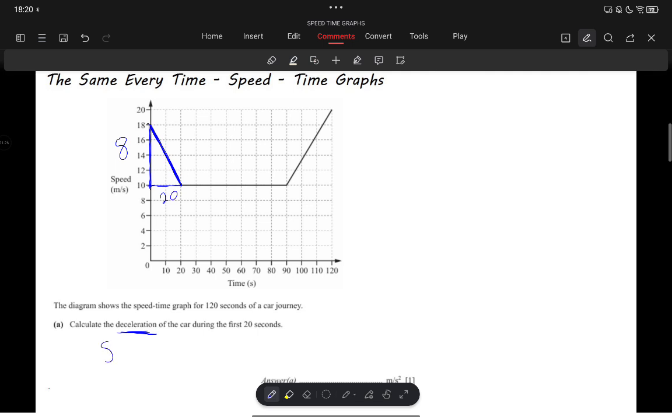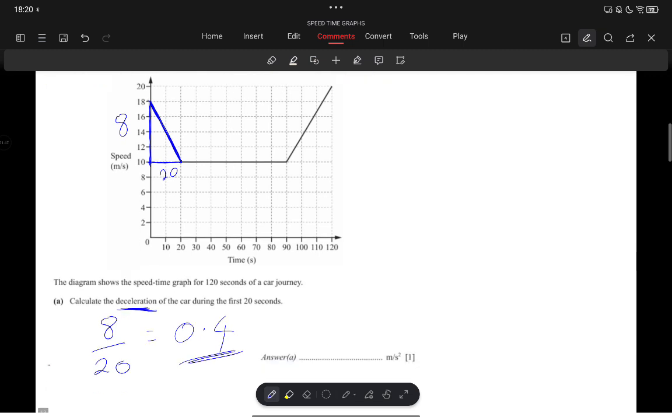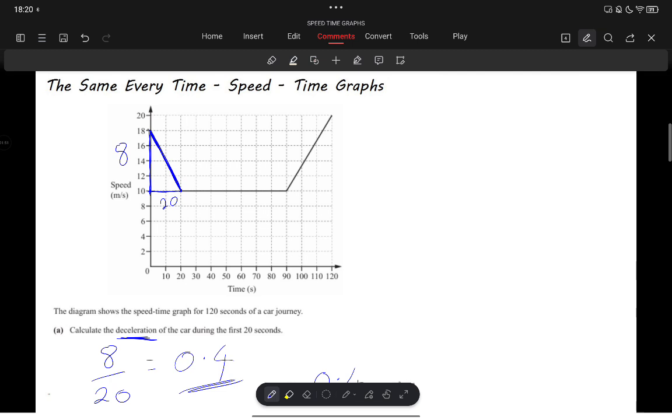So change in y divided by change in x, rise over run, 8 divided by 20, and that will give me 0.4. So 8 divided by 20, 0.4. It should go in there, I suppose. So 0.4 meters per second squared.